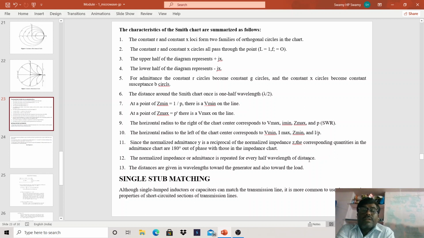The normalized impedance or admittance is repeated for every half wavelength of distance.